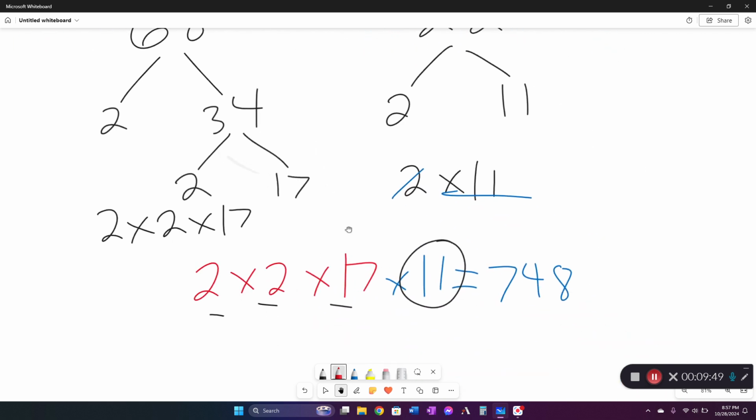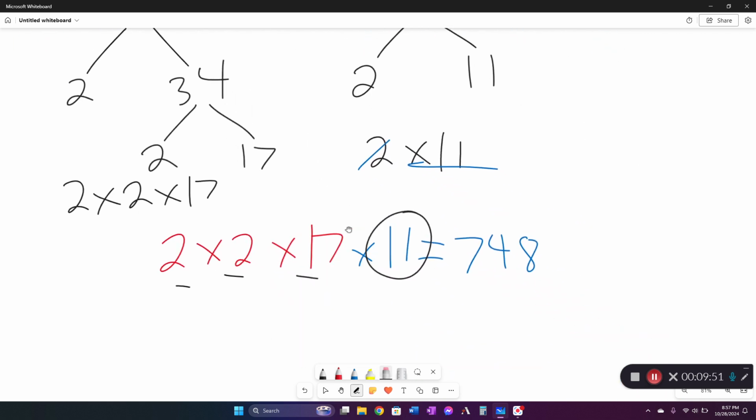Okay, let's go back down here. Now let's see what 22 is missing from this. It has a 2. It has an 11, doesn't have a 2, doesn't have a 17.